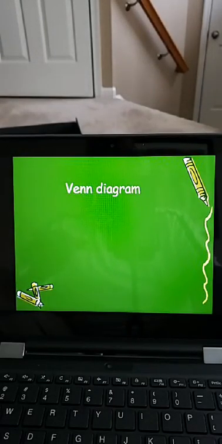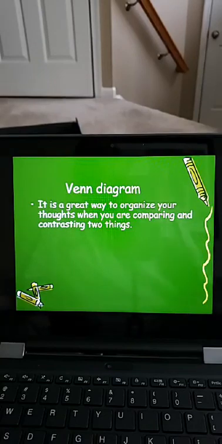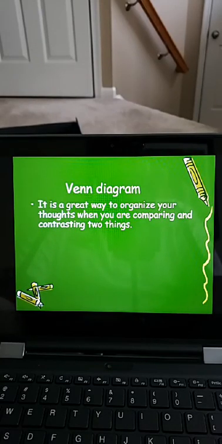The Venn diagram is the graphic organizer that we use when we compare and contrast. It is a great way to organize your thoughts when you are comparing and contrasting two things.